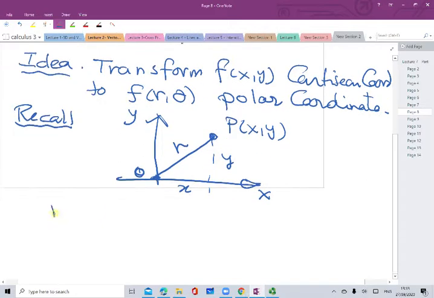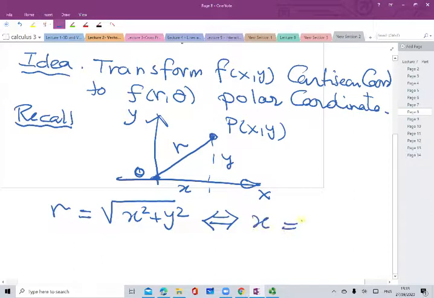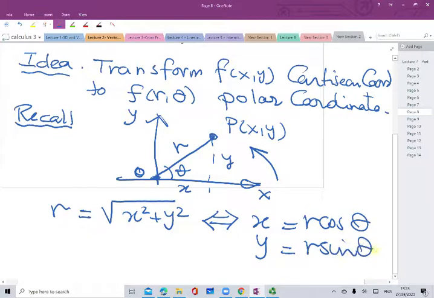So r is equal to the square root of x squared plus y squared. Or transform the other way around: x is equal to r cosine theta, where theta is the angle from the positive direction of the x-axis, and y is r sine theta.